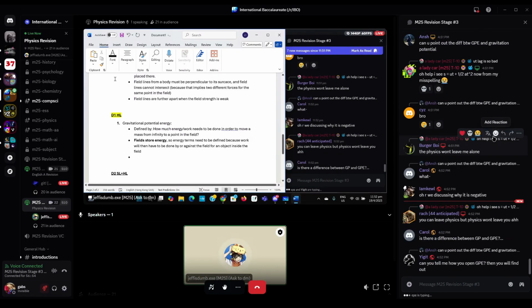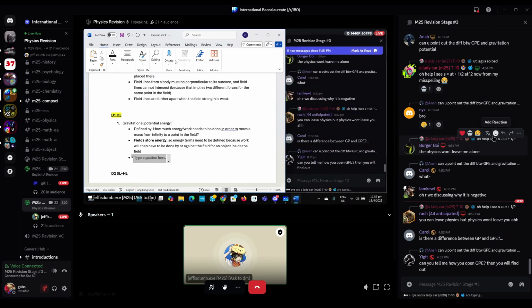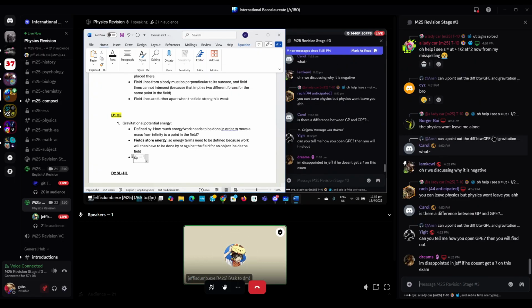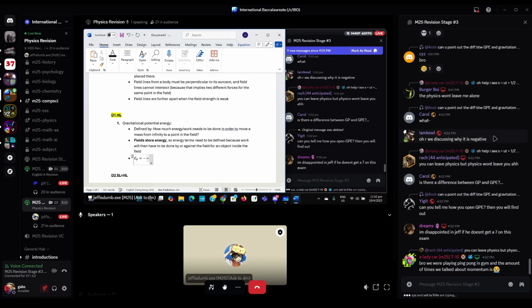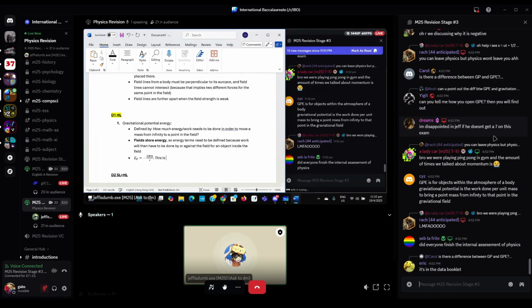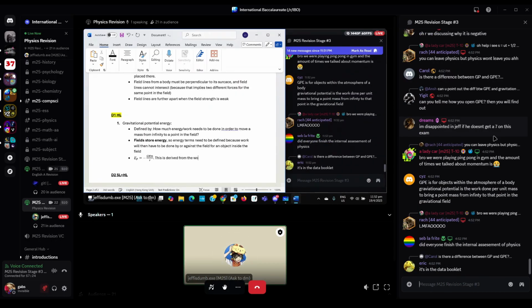So I'll just throw out the formula straight away. The gravitational potential energy is equal to negative GMm over r, because this is derived from the work energy theorem.